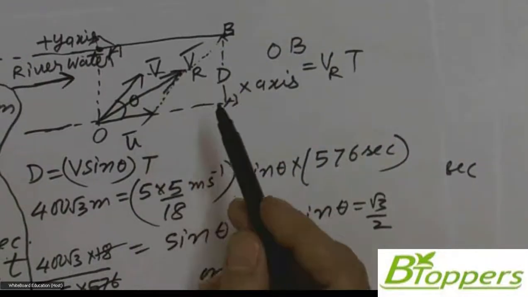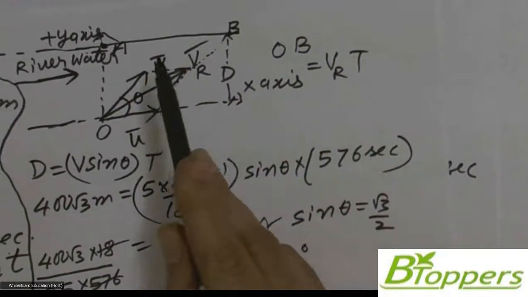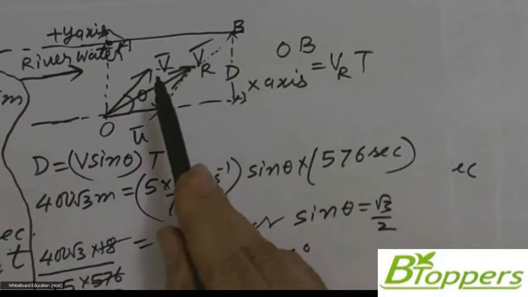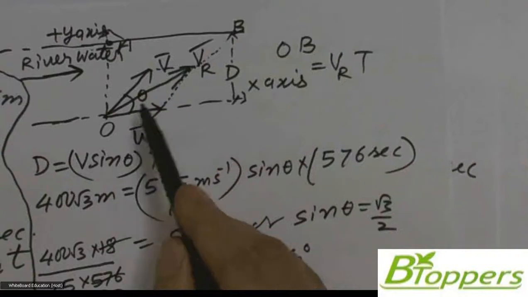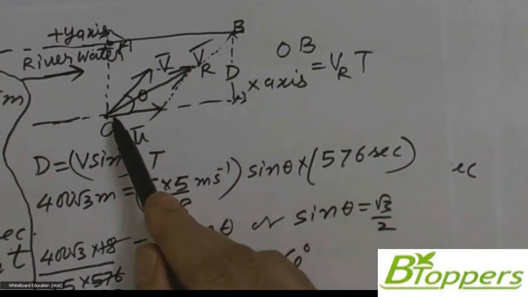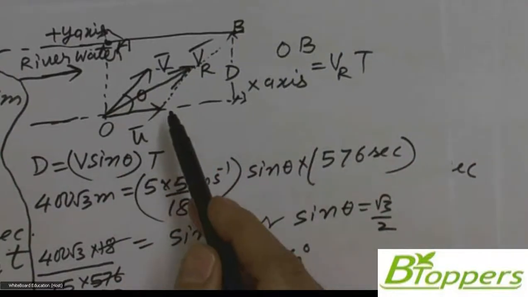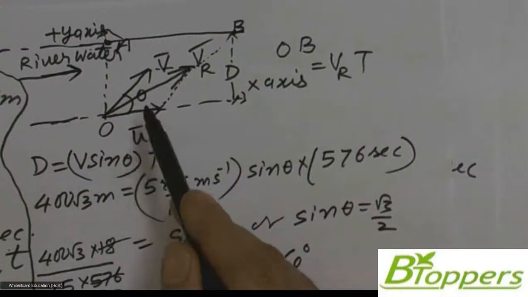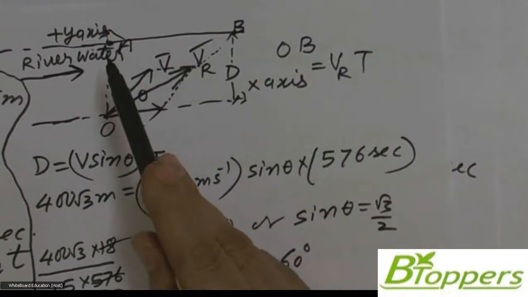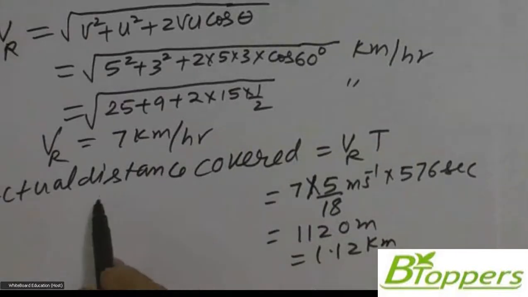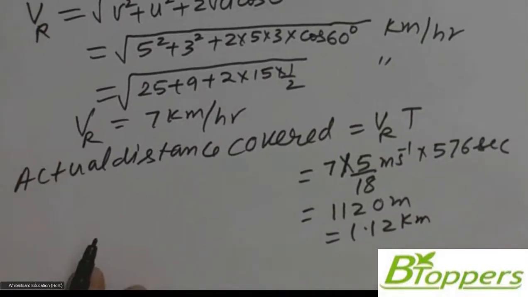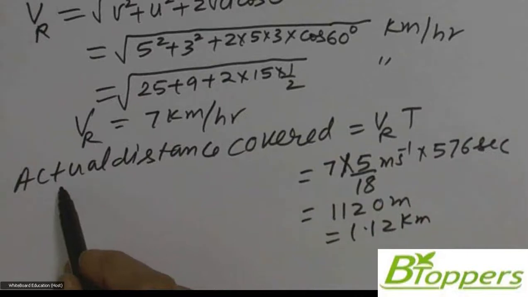Alternate method is you have to find the x component of the resultant velocity. So resolve V bar into rectangular components parallel to x and y axis. V cos theta acts along x axis in the direction of U bar. V sin theta acts along y axis. Of course, that is not asked in the given problem, but in case that is asked, you must be able to do that.